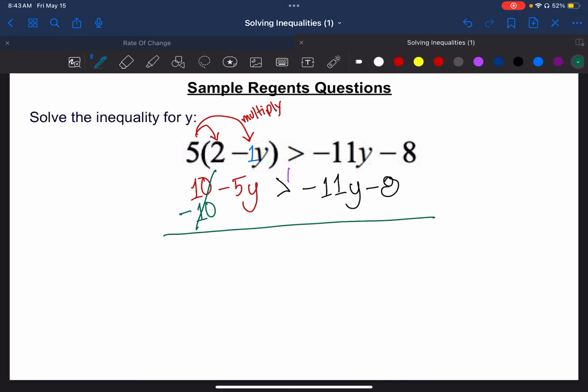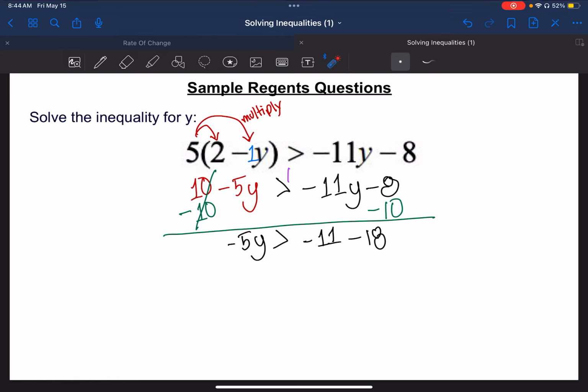So I'm going to do minus 10 under the negative 8 because they are like terms. I wouldn't put it under the negative 11y because this one has a y. So what I get out of that is negative 5y greater than negative 11y, and then negative 8 minus 10 gives us negative 18. Okay, so now my inequality looks a little smaller, which means we're making some progress.